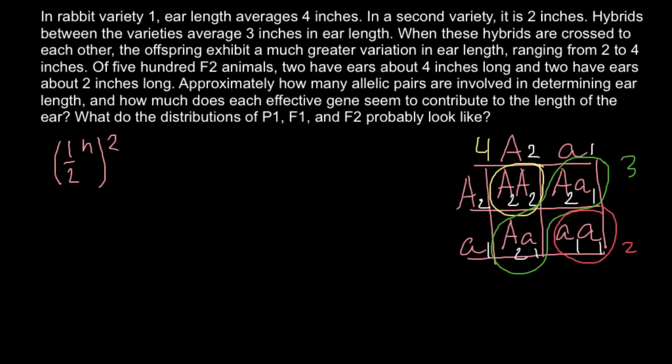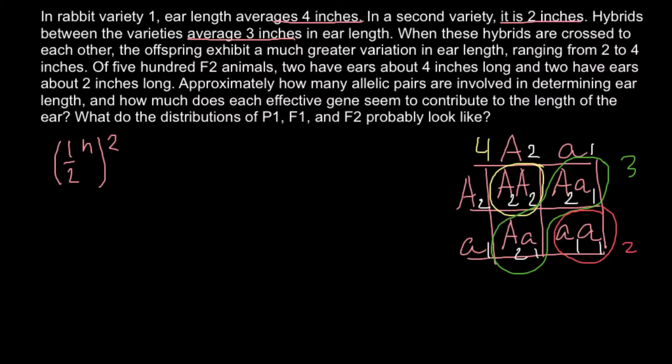If you take a closer look, you will see that variety 1 ear length averages 4 inches, the second variety is 2 inches, and hybrids between these two varieties average 3 inches. So this is the same picture as we have here.